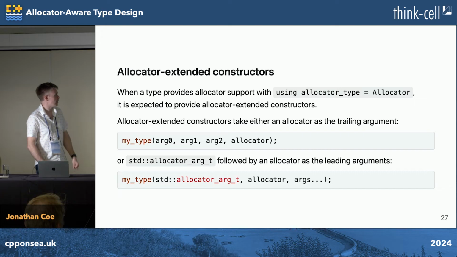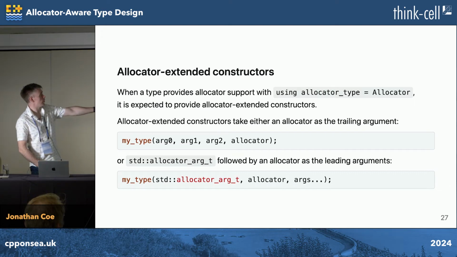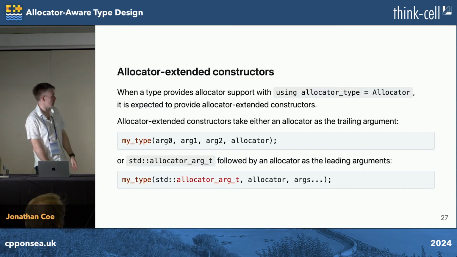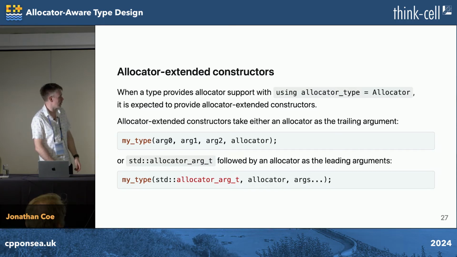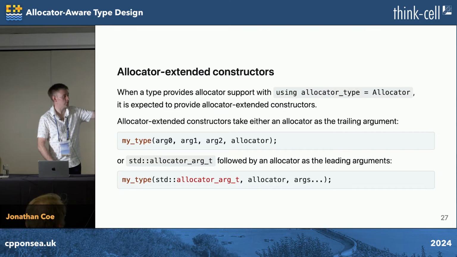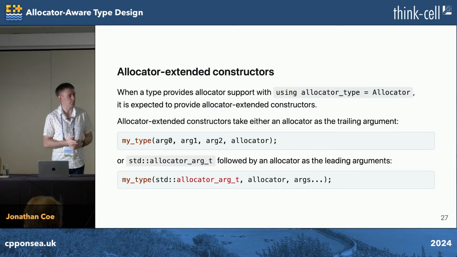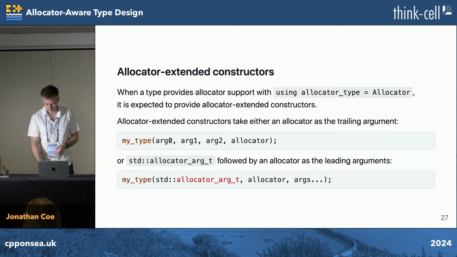You can either have the allocator as the trailing argument, or you can have a leading argument of std::allocator_arg_t and an allocator. The reason why the second one is around is in the case where you've got a variadic number of arguments at the end, there's no way it will work out that the last one is an allocator and that it meant something special, so you sort of tag it. Which means having tuples of allocator_arg_t is probably difficult, but this is a small price we pay for allocator support.